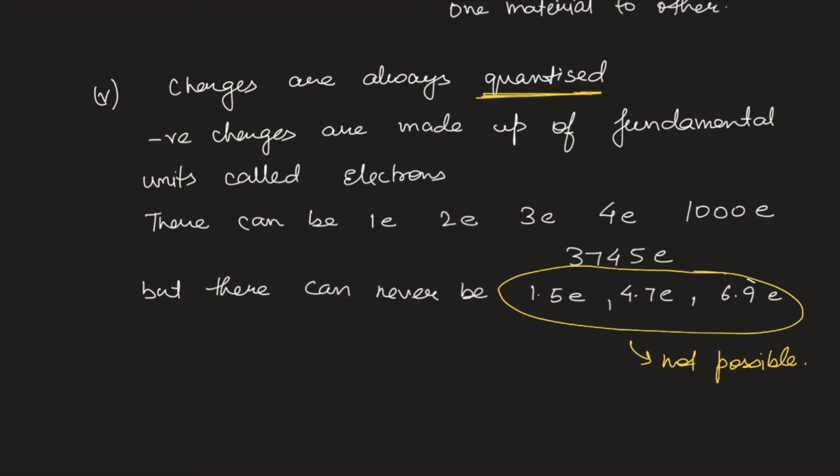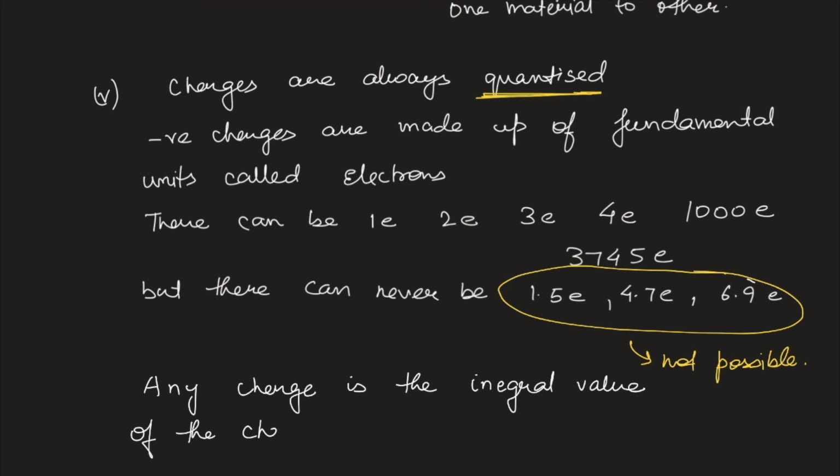So whenever you have charges, it appears as a fundamental integral value. So any charge is an integral multiple of the charge on an electron.